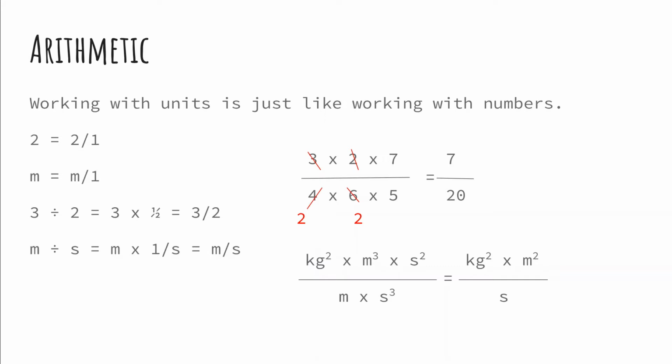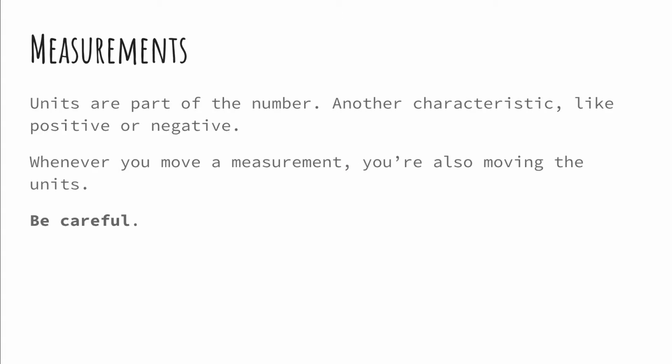This is going to be really important. And if you can do multiplication, division, addition, and subtraction with measurements and not just with pure numbers, if you can get accustomed to manipulating these things, it will make it a heck of a lot easier to do all the sorts of conversion and mathematical work we need to do throughout the semester. So remember, a measurement is a number in 3 parts. You have the units, you have the number, and you have the magnitude.